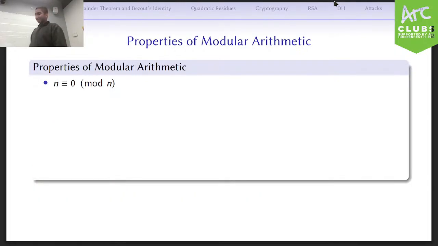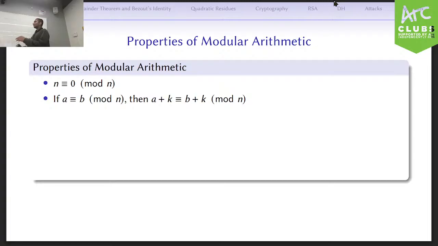Here are some important properties of modular arithmetic. This first one is really important: n in mod n is equivalent to 0, because n divides into n with no remainder. The next one: if A is equivalent to B in mod n, then A plus K is equivalent to B plus K in mod n. If you want the algebra proof, it's this. If A is equivalent to B in mod n, then A minus B is equivalent to 0 in mod n.